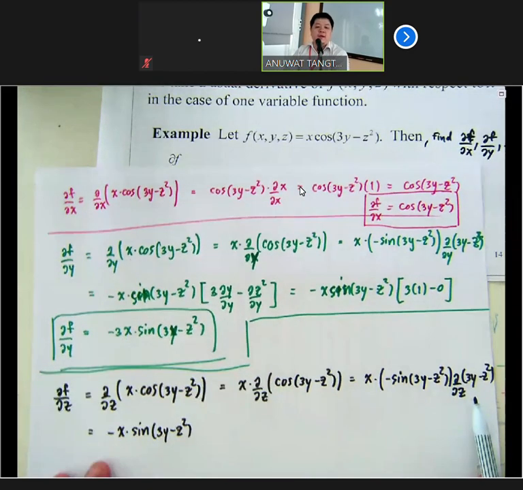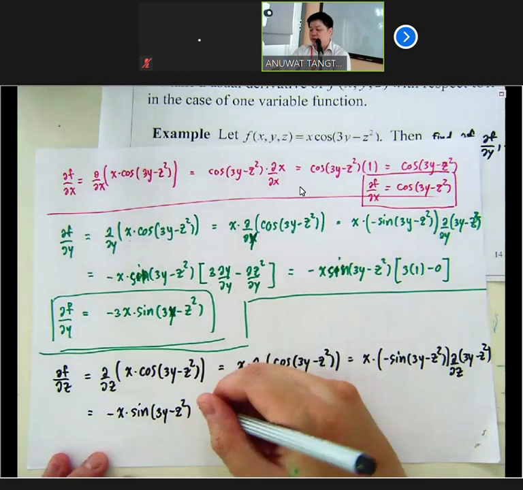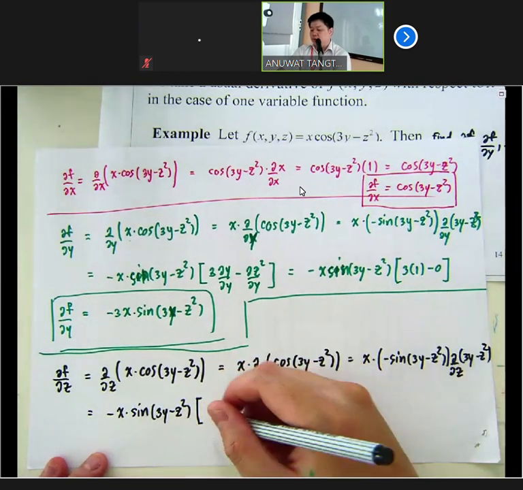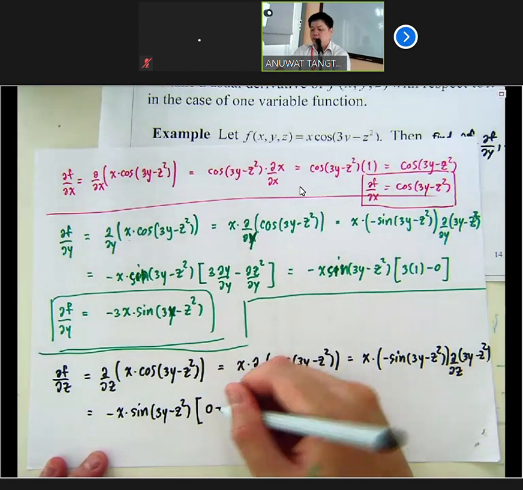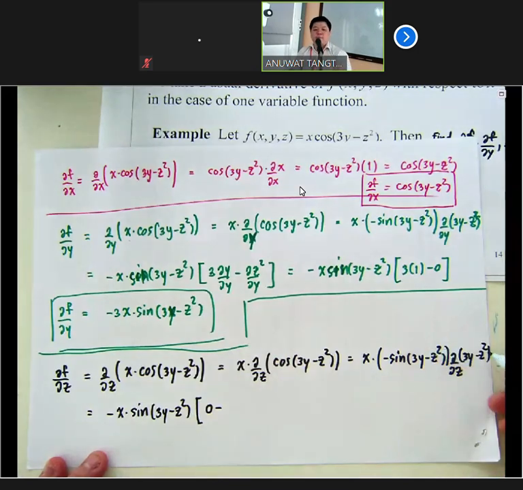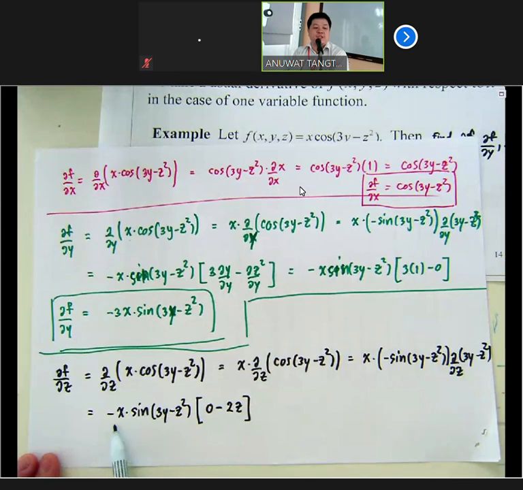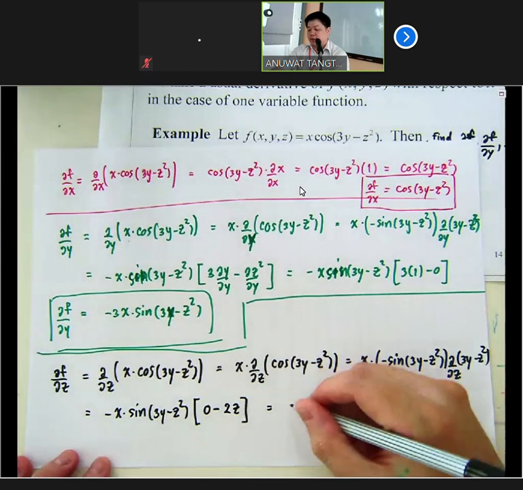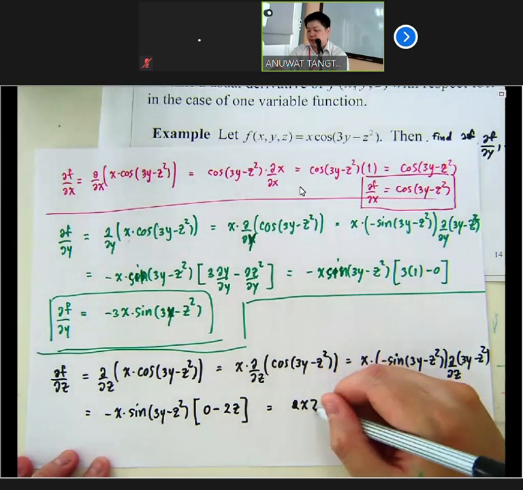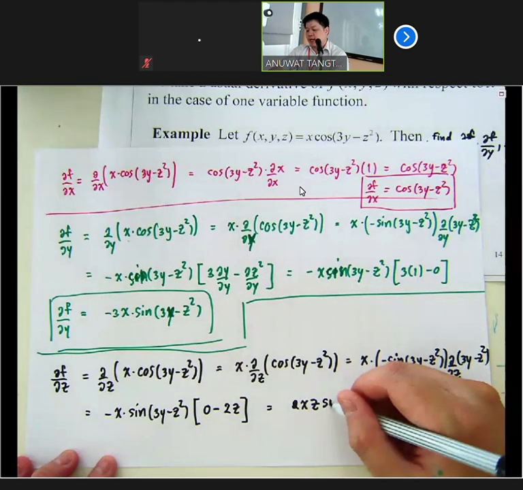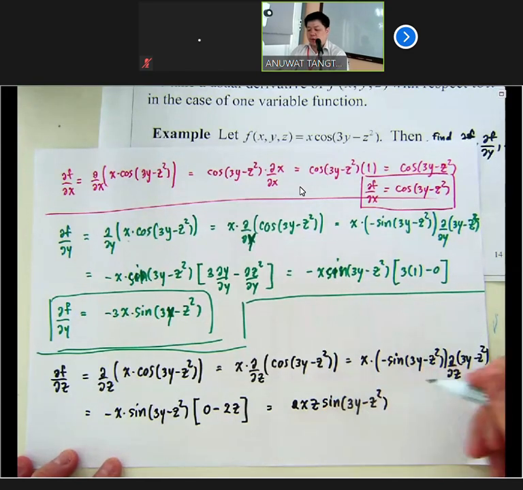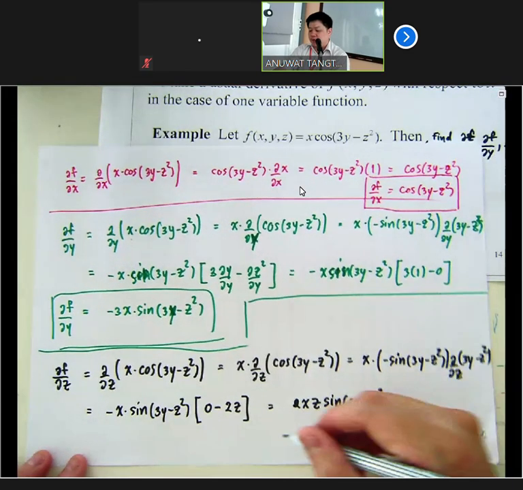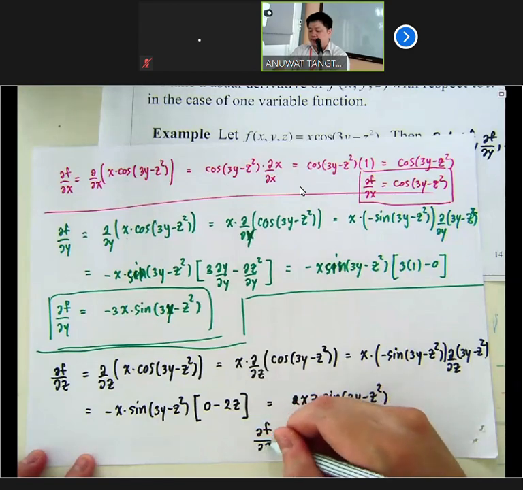So the derivative of 3y minus z squared: the derivative of 3y becomes 0, and the derivative of z squared becomes 2z. And this is minus 2z, and this is minus, so it becomes plus. So it becomes 2xz, and then sine of 3y minus z squared. And that is how we can get the partial derivative of the 3-variable function.